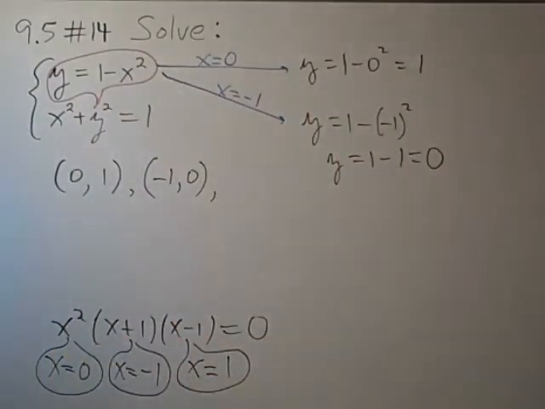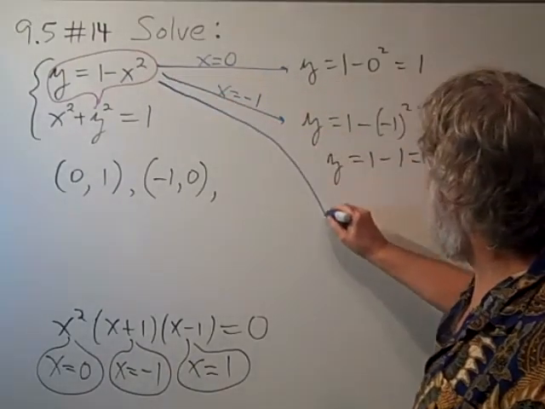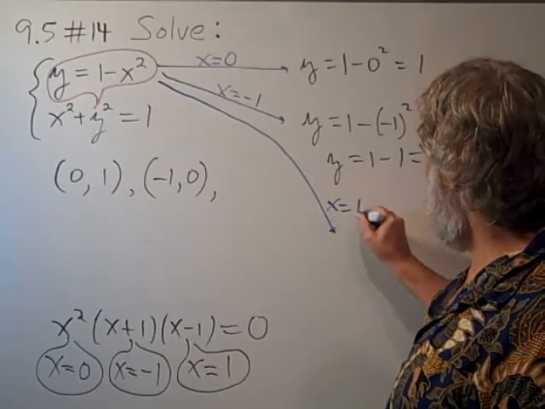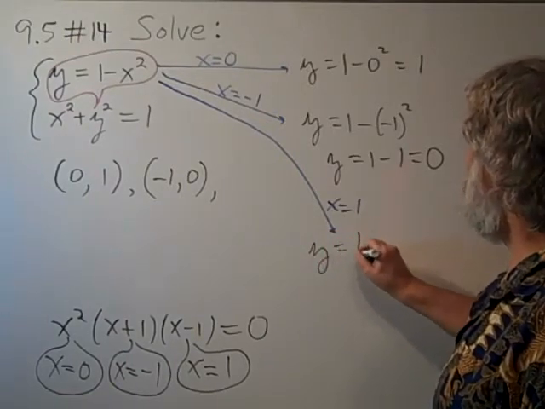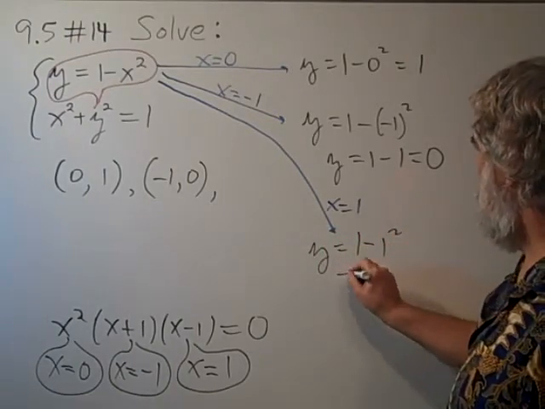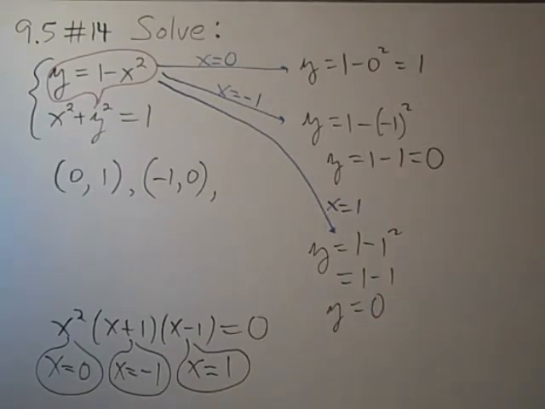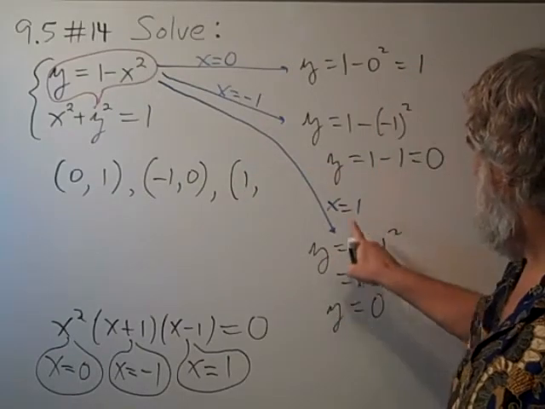And let's find one more point here. Third point is when x equals 1. So if x is equal to 1, then y is equal to 1 minus 1 squared, which is 1 minus 1, which is 0. So this gives us a third point, 1 comma 0.